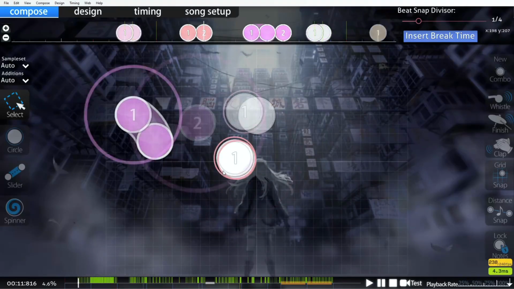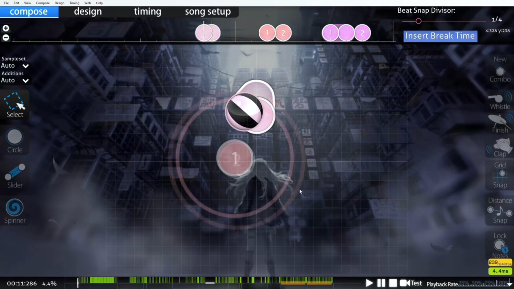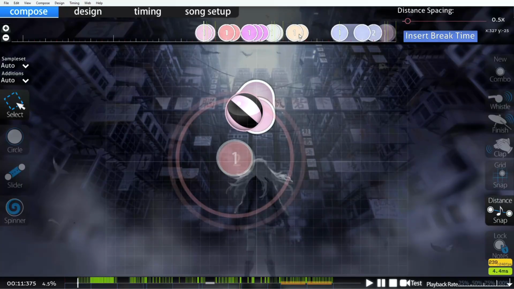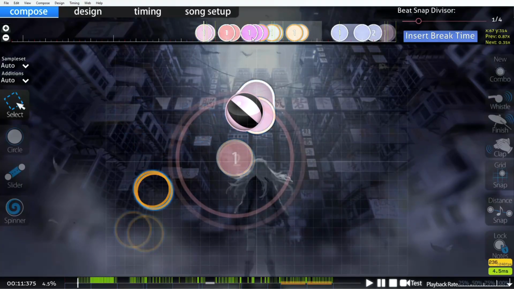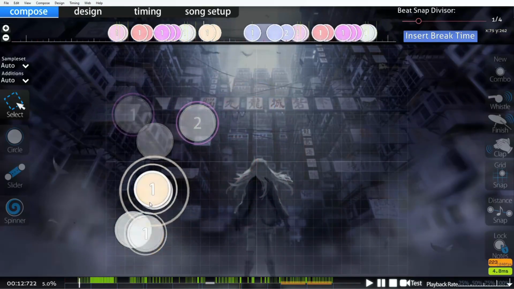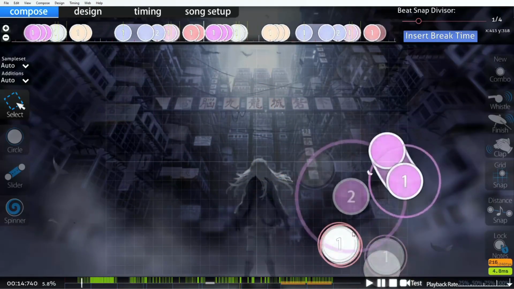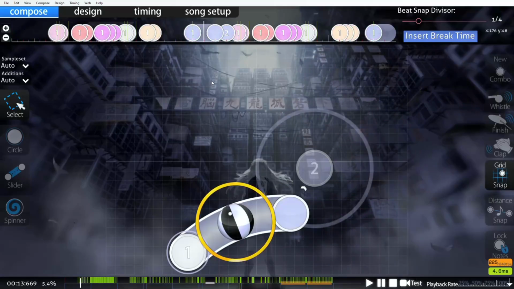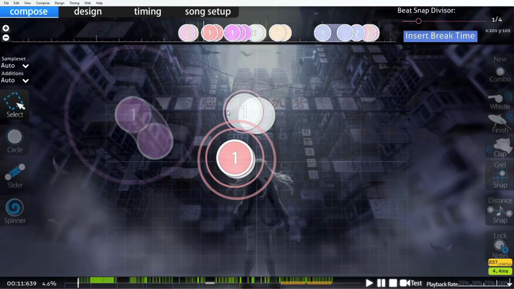Okay. So now let's go from the start, and I'll try my best to explain what exactly he does in this map. So here we don't have a lot going on.